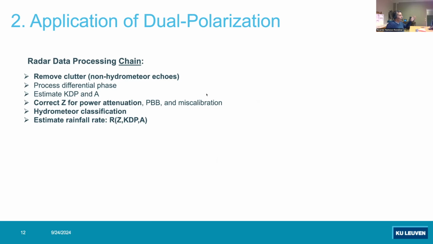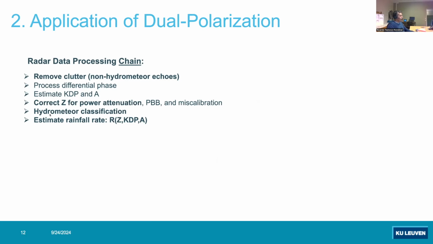We start with the clutter identification and clutter removal, right? Then we also like to process the differential phase, as I said before, to take the derivative in range, because then we can obtain KDP, zones of high precipitation. We also need to correct reflectivity for power attenuation, because at C-band and X-band frequencies there's loss of power, and therefore attenuation is significant.